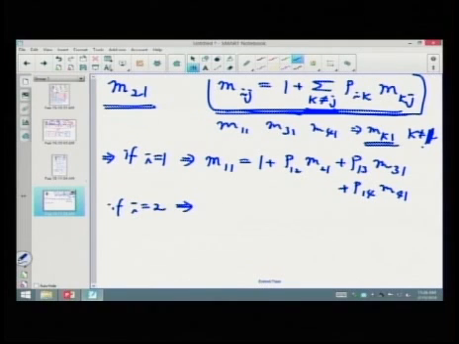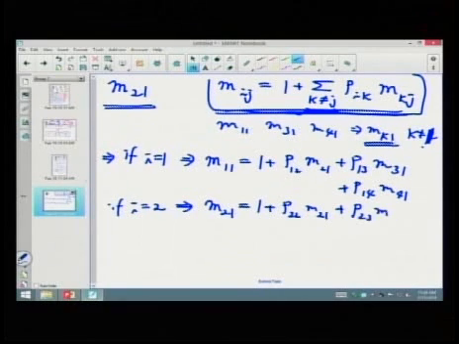What if i is equal to 2? It's going to be m sub 2,1, right? So we have 1 plus p sub 2,2, m sub 2,1, p sub 2,3, m sub 3,1, p sub 2,4, m sub 4,1.